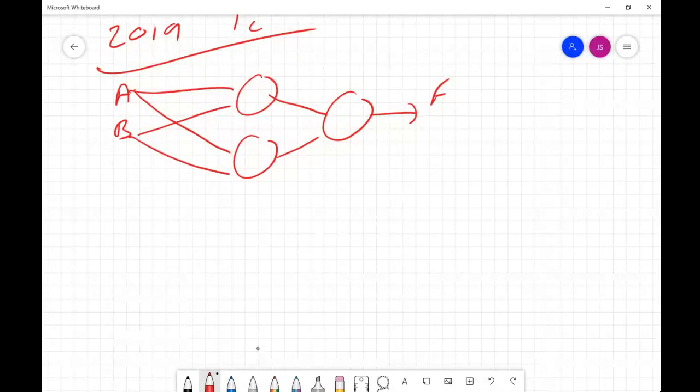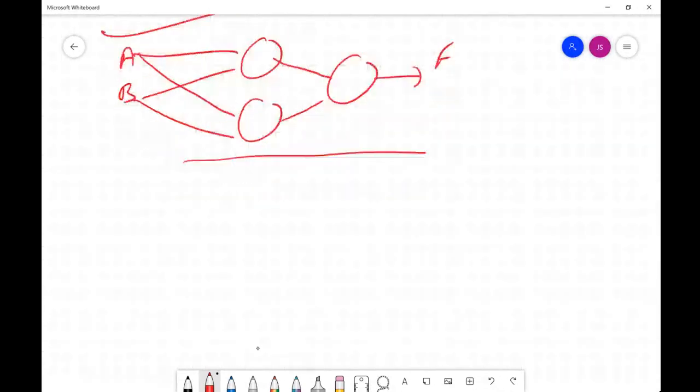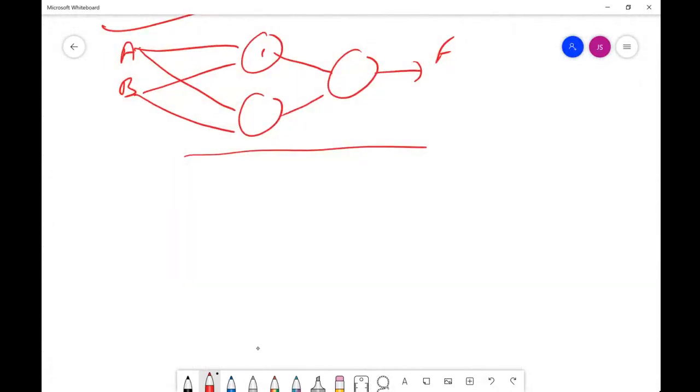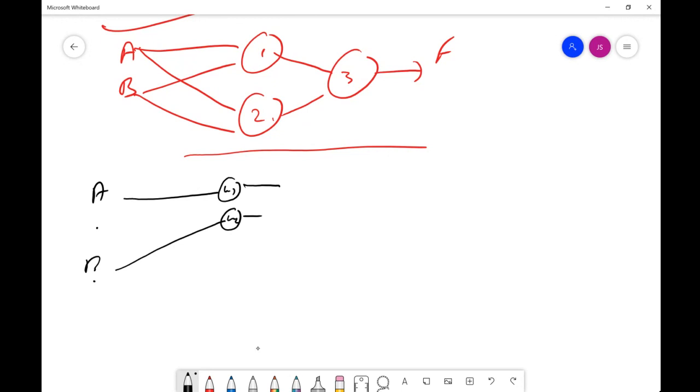Now to get the details, let's call these 1, 2, and 3. That's the way I've labeled them. The detailed diagram is going to be A and B coming in. For neuron 1, we have 2 weights, W1, W2. They go into a summer.